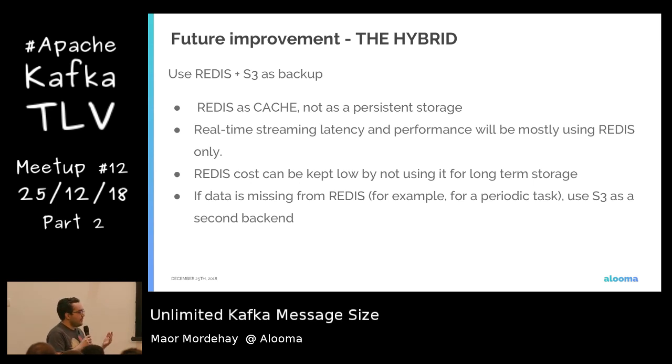So when you write the data, you write it to both Redis and S3. And when you read it, you try to read it from Redis, and if it's not there, you get it from S3. That will give you a relatively low cost and simpler management of the Redis cluster, but still let your real-time streaming application be much faster and not rely on something like S3 to load its data.